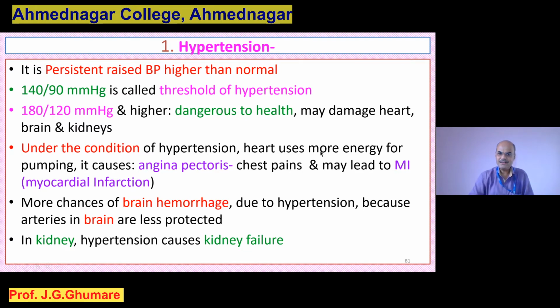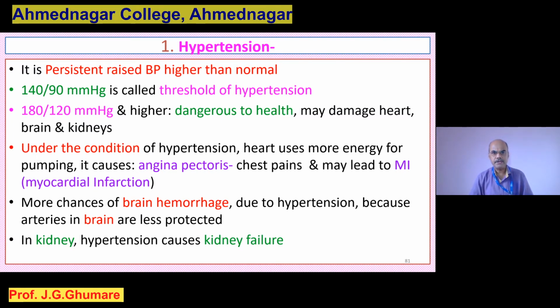The heart uses more energy for pumping blood, and a person might suffer two problems. One is called angina pectoris, where the person suffers chest pain. We are going to discuss angina pectoris more, but remember, in hypertension a person might suffer with pain in the chest. This is called angina pectoris, or it may lead to the problem called MI.